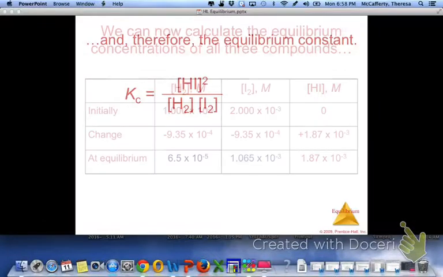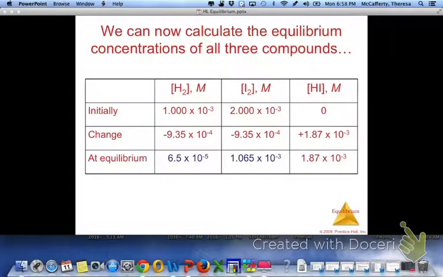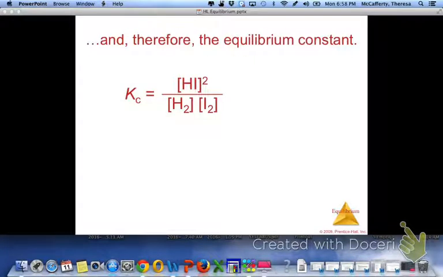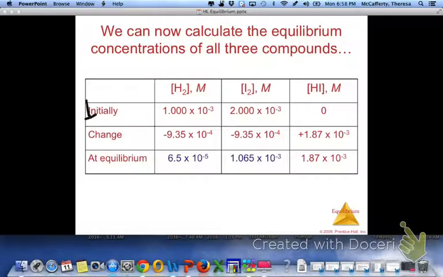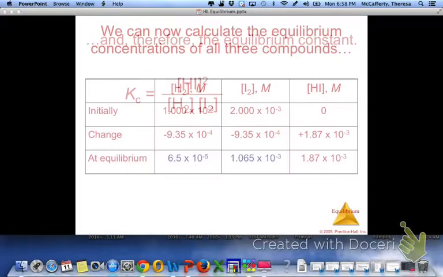These tables that we use, with the initial concentration, the change, and then at equilibrium, are referred to as ICE tables. What happened initially? What was the change? And what was the concentration at equilibrium? And they are based on stoichiometry.